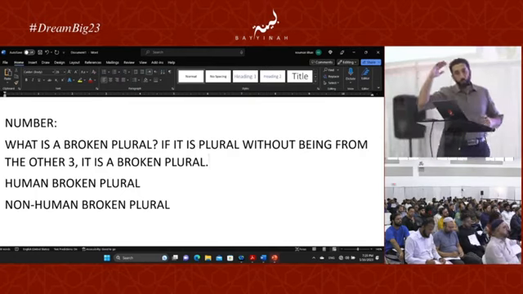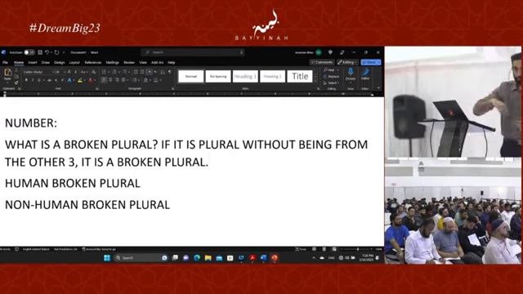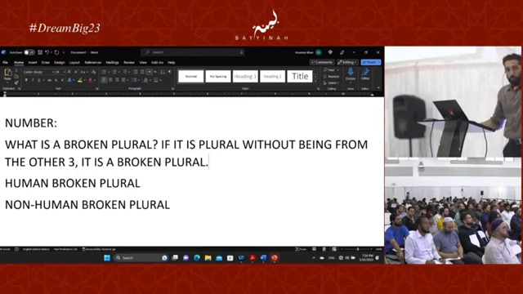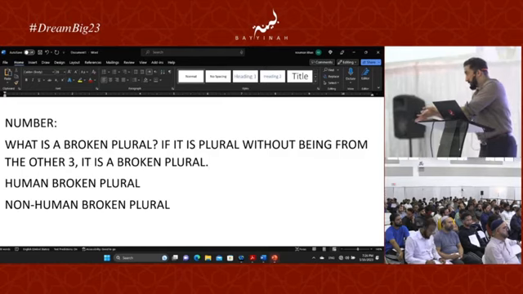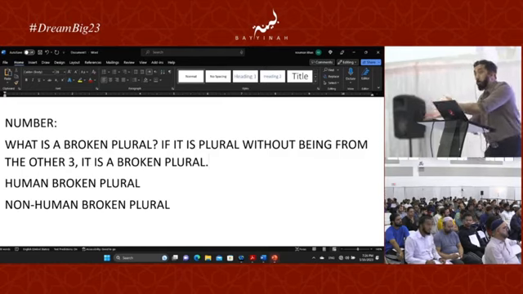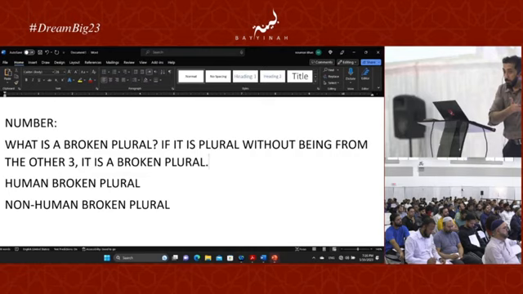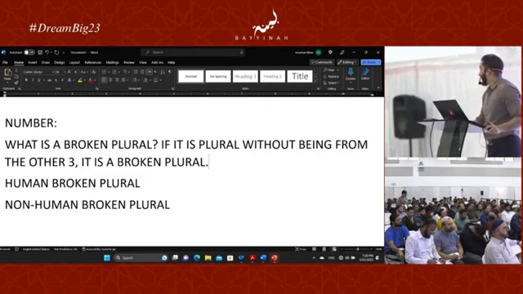It's not una, ina, ina. That's one. It's not atun, atin, atin. That's two. It's not what else? It's not nas, qawm, and qarn, but it's still plural. If it's still plural without being any of those three, it's got to be a broken plural. Okay?